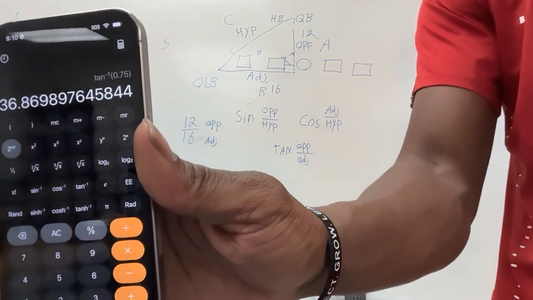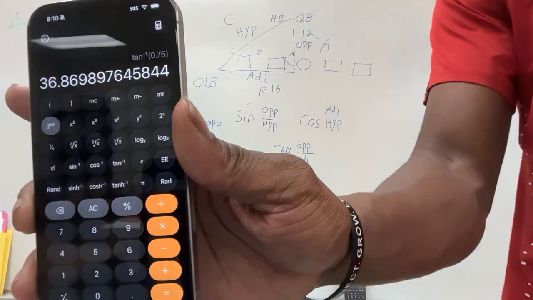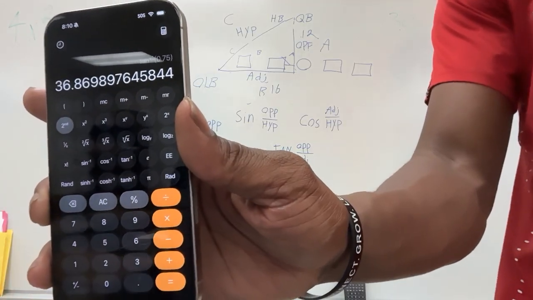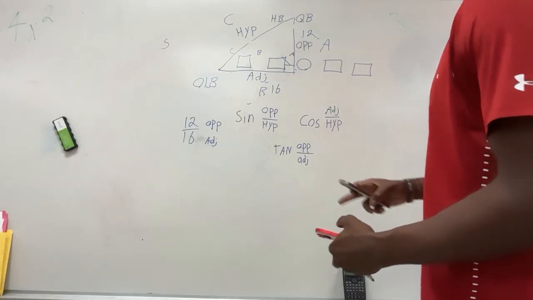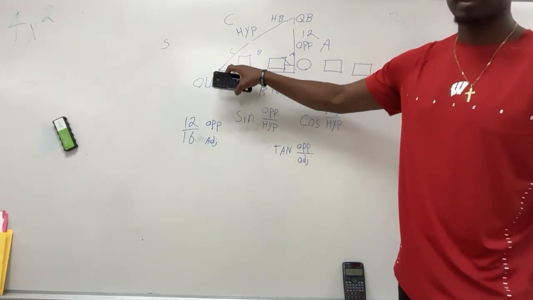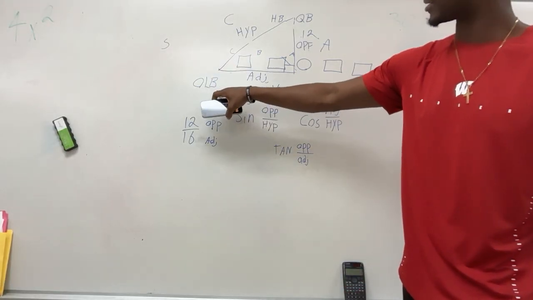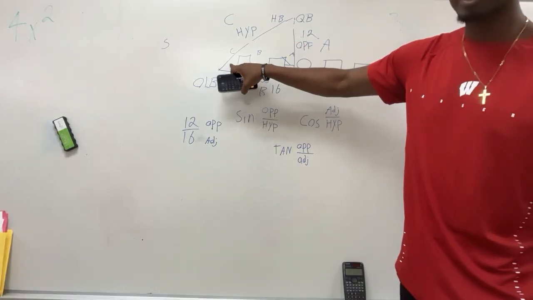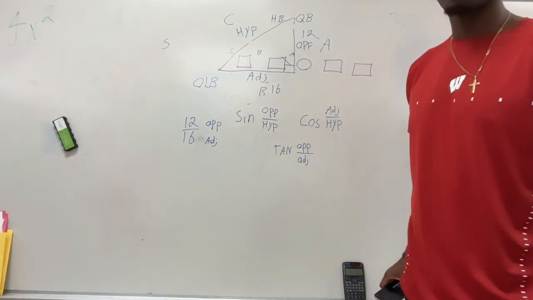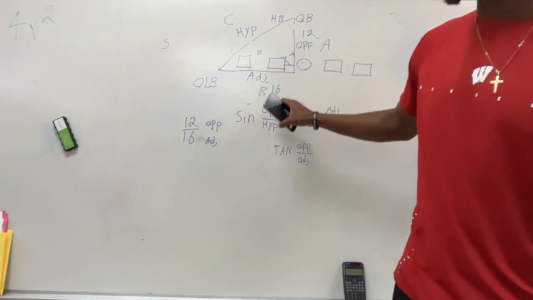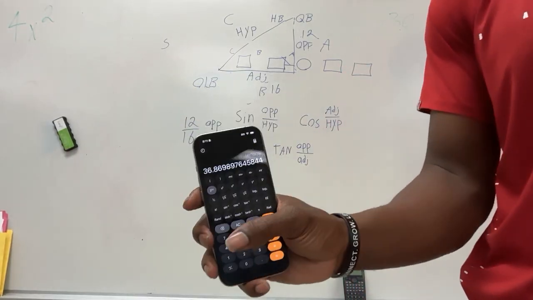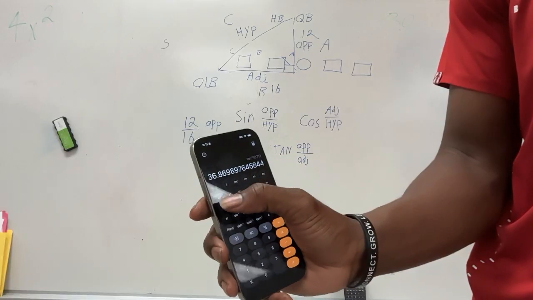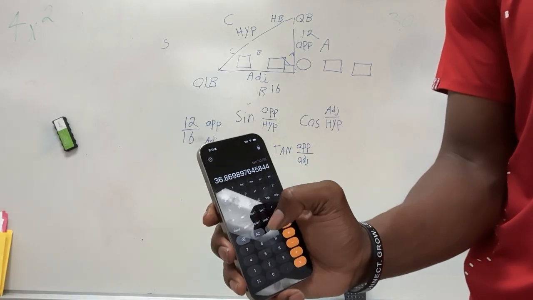So I'm at 36.86. I can round that up. If we want to go a full angle, I need a 37-degree angle. So this point right here, from our outside linebacker coming up, this degree is 37. So we did 12 over 16. I divided my sides. Since I divided my sides already, I press second, tangent.